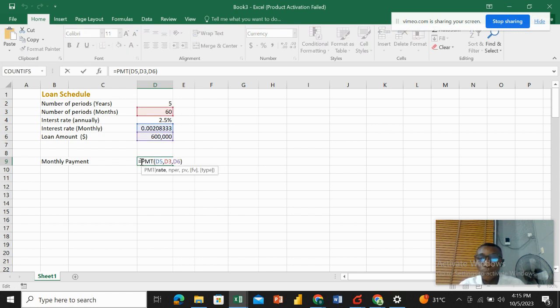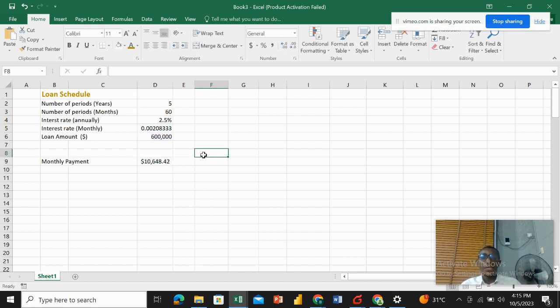So to correct this for future use, we are going to add the negative sign to it. Add the negative sign to your PMT and click OK. As you can see, it's now showing as normal currency.